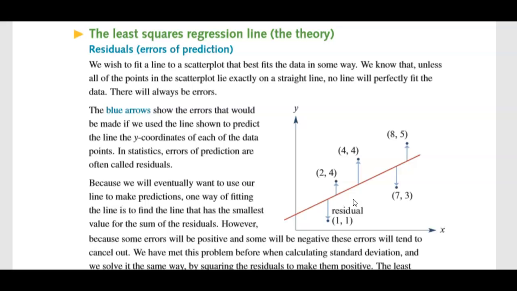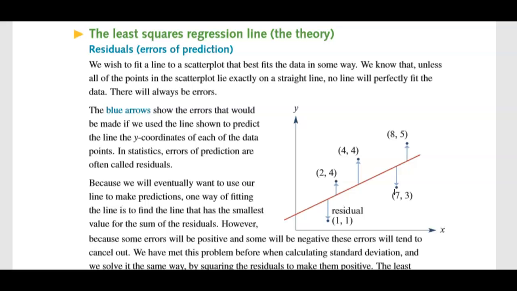We did do a bit in class where I said the residual is the difference between your actual and your predicted. So if you've got an actual value above the regression line, as we do here with these three dots, your residual is going to be positive. And if they're below, your residual is going to be negative.